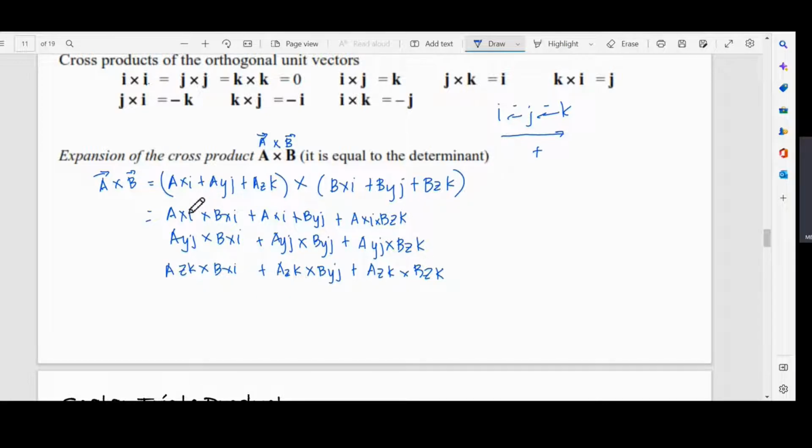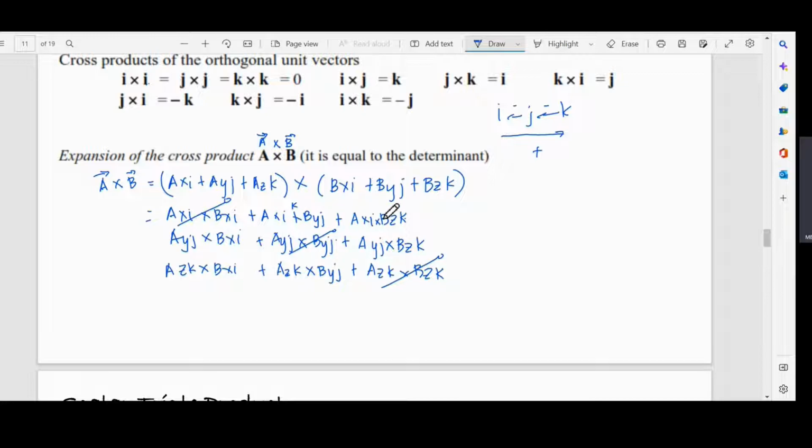Okay. Ngayon, apply natin yung orthogonal unit vectors natin dito. We have here, ano to? I cross I. Sabi natin, lahat ng same unit vectors will be equal to 0. So, I cross I will be 0. J cross J will be 0. And K cross K will be 0. Okay? So, meron tayong I cross J, we have here positive K, di ba?